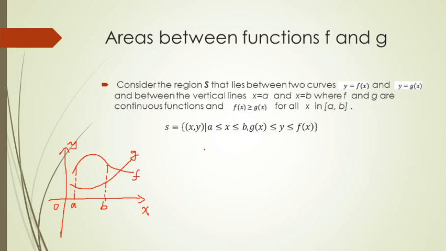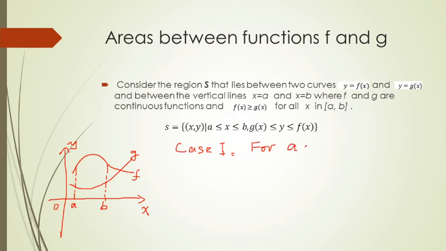So from this graph, this is case 1. Here, both f and g are positive functions for all x starting from a to b.